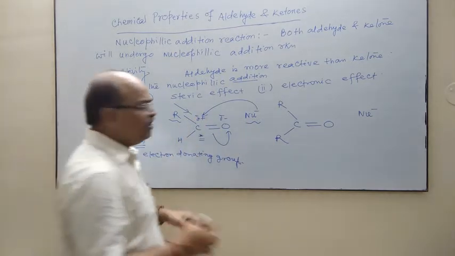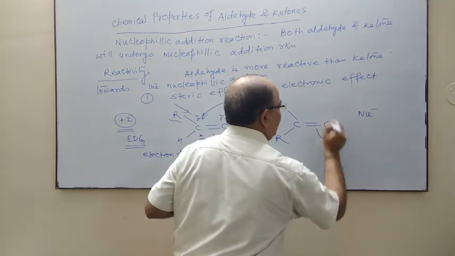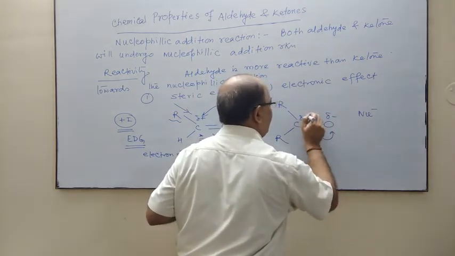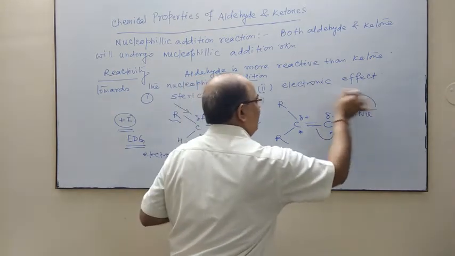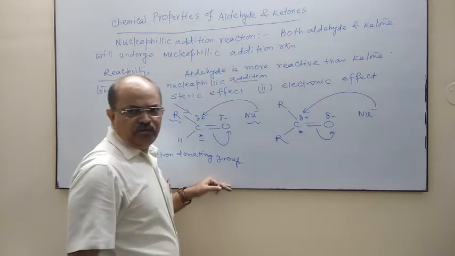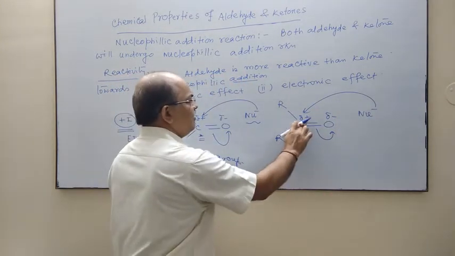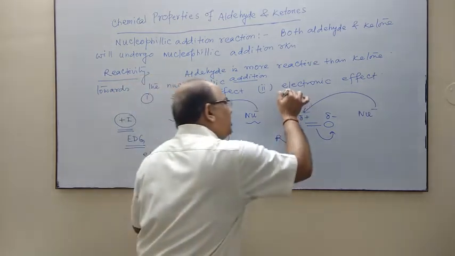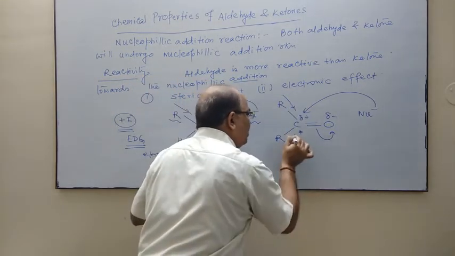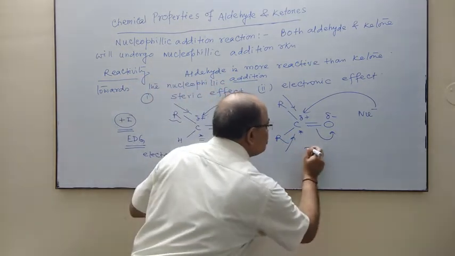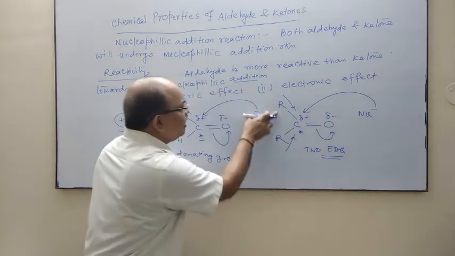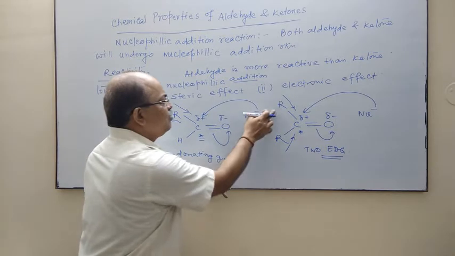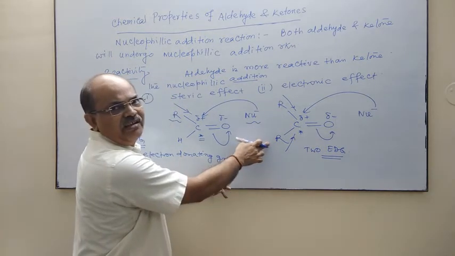Now what happens in case of ketone? Again there is delta minus, there is delta plus. On this carbonyl carbon, the nucleophile will attack as there is positive charge. But its positive charge is neutralized by two electron donating groups. आप देखिए यहां दो अल्काइल ग्रुप है जो कि प्लस आई कैरेक्टर का है.